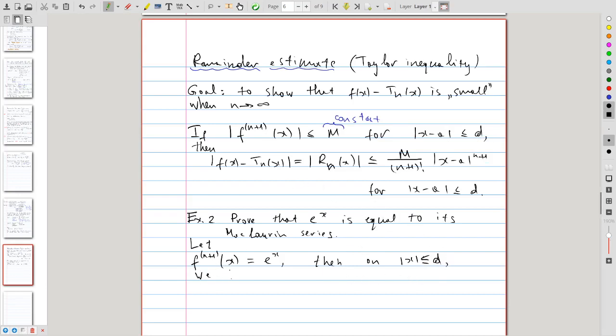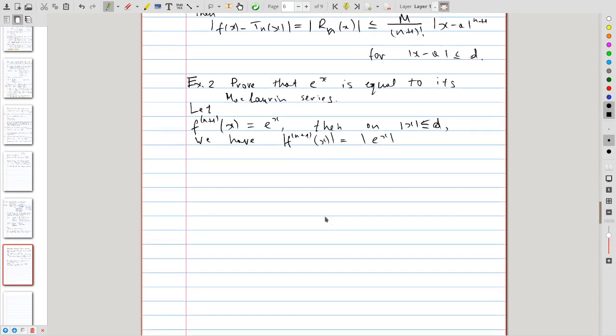We have that the absolute value of the n plus first derivative, we must bound it by a constant. And so what we'll do is we'll bound the n plus first derivative by its maximum. So we are looking at the interval.